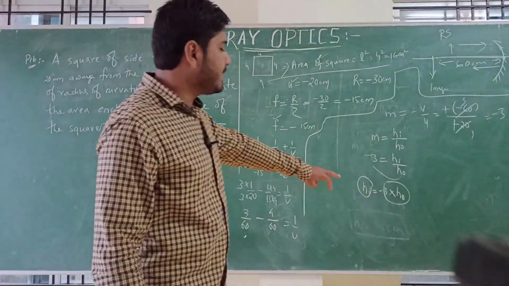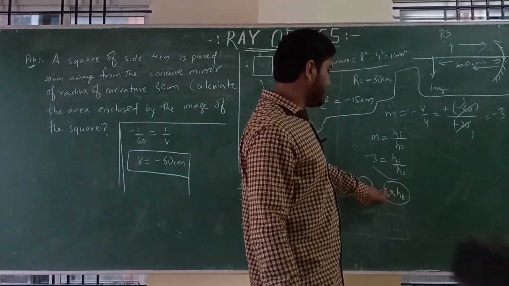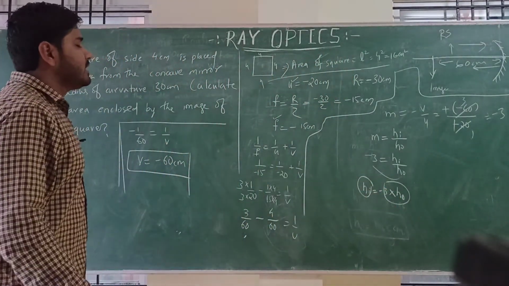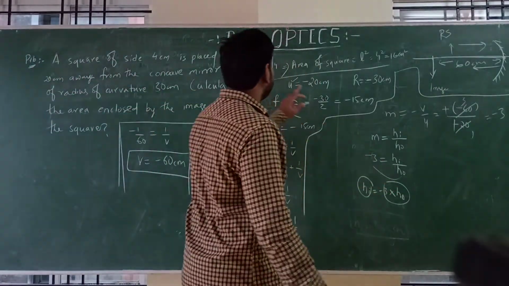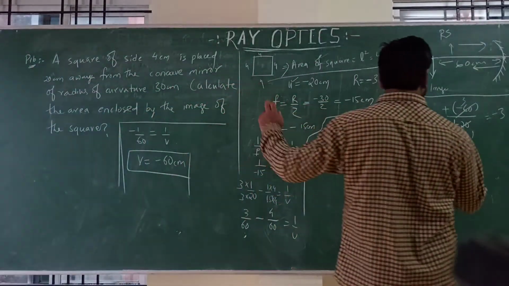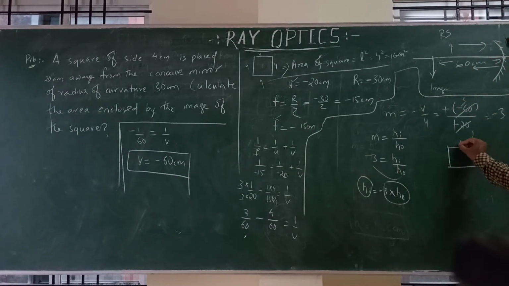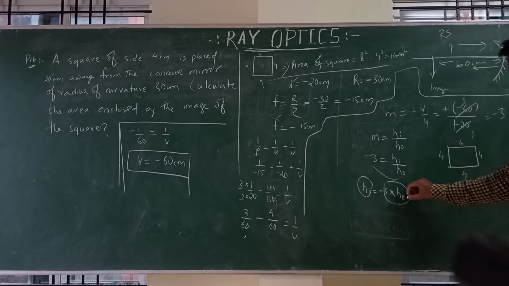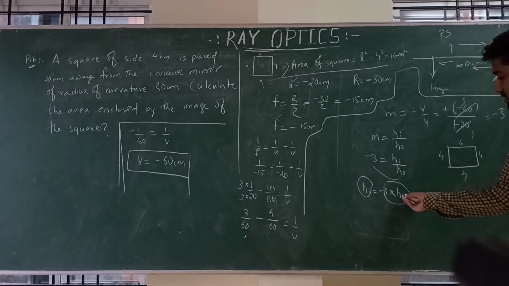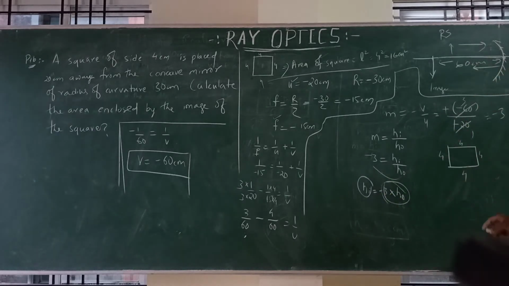Suppose the object is a square which has a side of 4 centimeter. The image will be 3 times that, that is 4 into 3, which is 12.